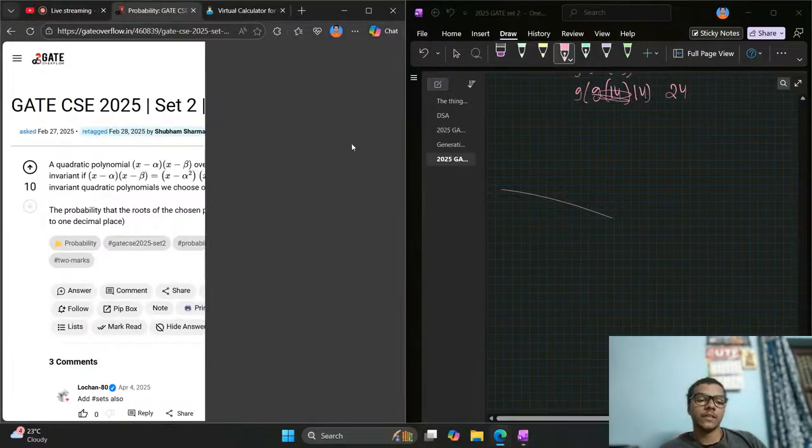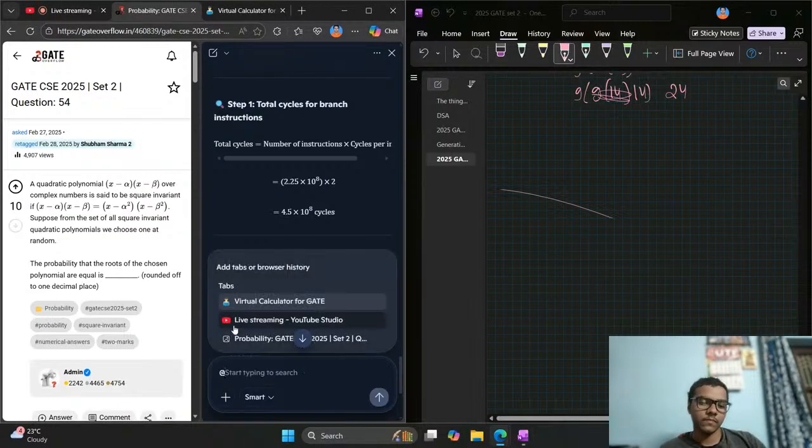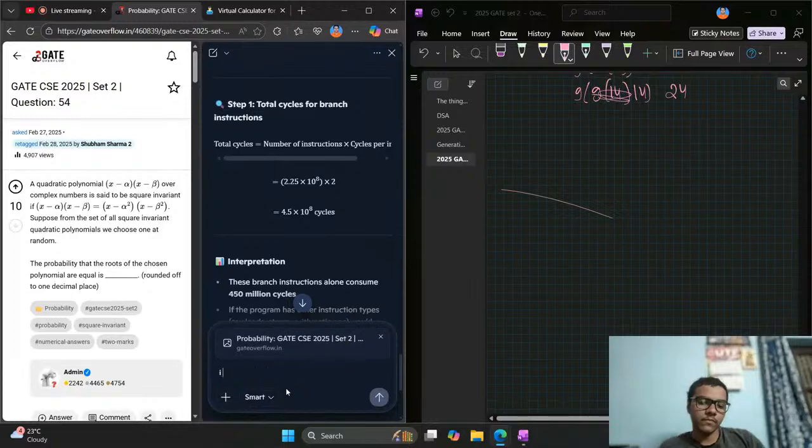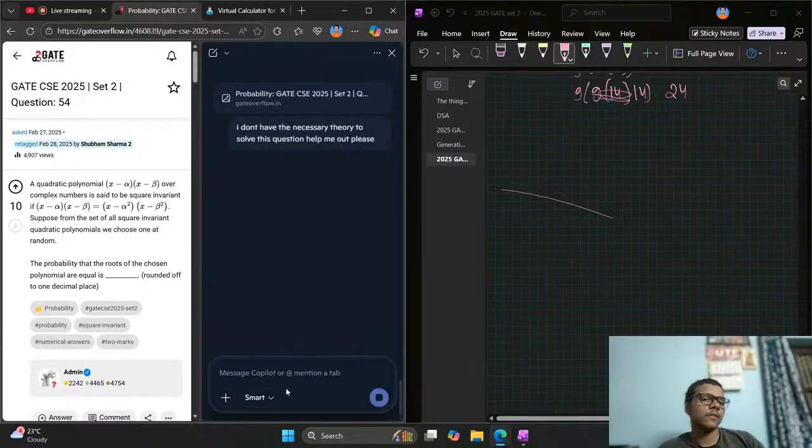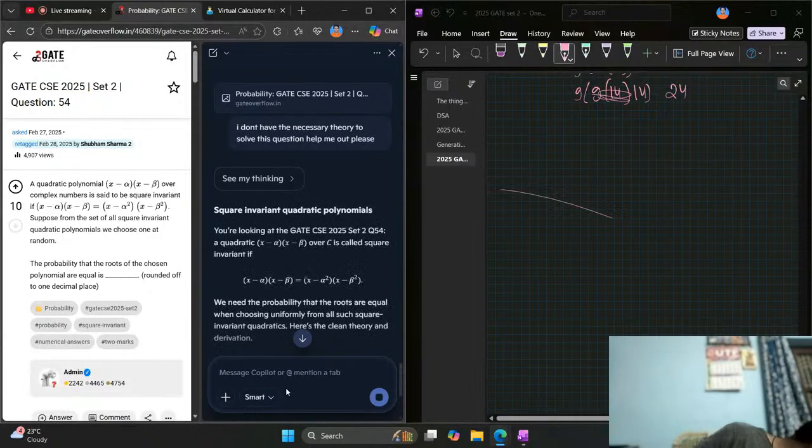Square invariant. I do not have the necessary theory to solve this question. Help me out, please.